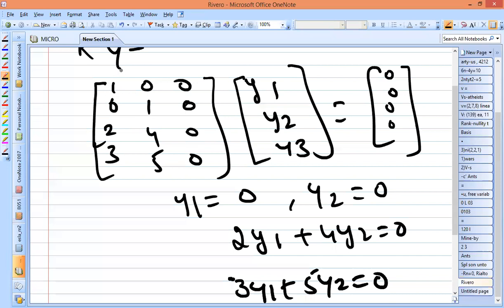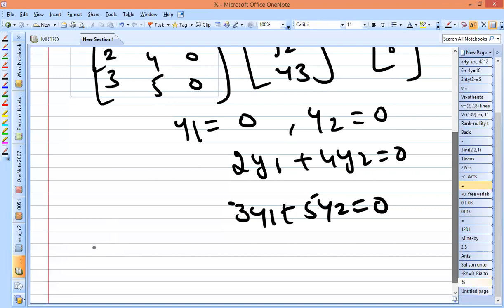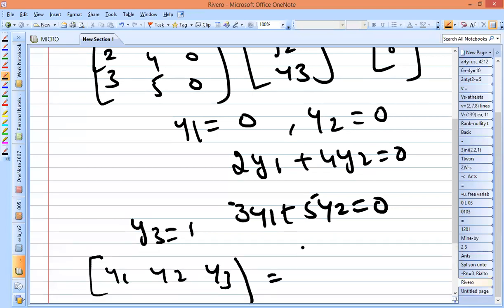Here y1 and y2 are pivots, and y3 is a free variable. Y1 is already 0, y2 is also 0, and y3 can take any value; I'll take y3 as 1. So the solution (y1, y2, y3) is (0, 0, 1). This is the solution for this.